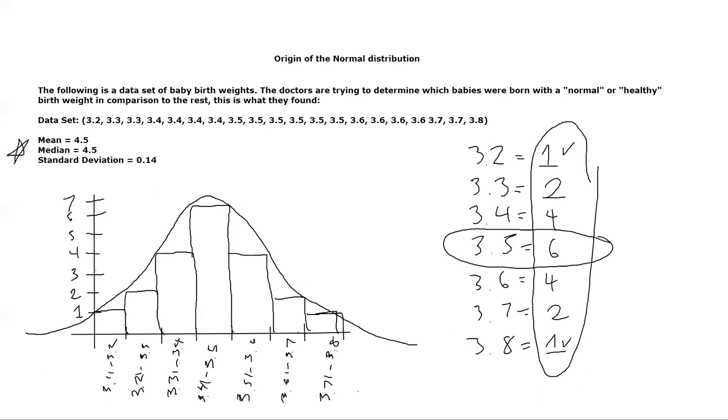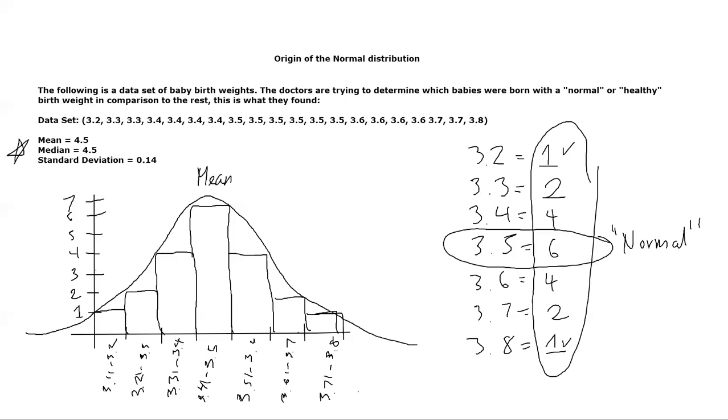So this is what they would consider "normal" baby weight. I'm putting quotes around it because that's not necessarily true, but mathematically speaking, that's what it is. That's what you would expect a baby to weigh, right? This is roughly the mean, right? Because it's in the center, right?